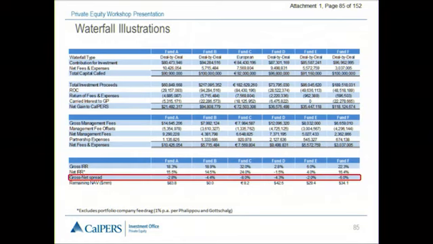We received our $5.7 million in fees and expenses, and then the carried interest to the GP was $22.2 million. So the net gain to CalPERS was almost $95 million on that fund. The second section shows how the offsets affected our investment.